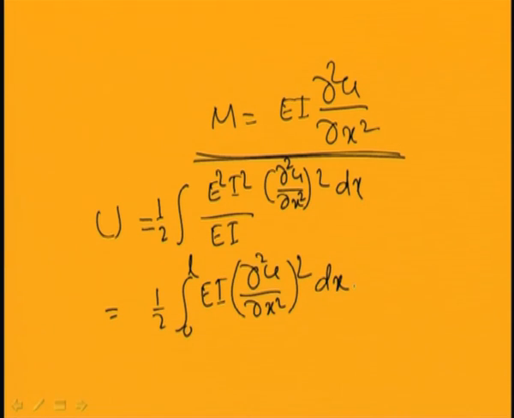So, in this way you can find the expression for the potential energy of the beam in bending. This becomes U equal to half integral 0 to L E I del square u by del x square whole square dx.